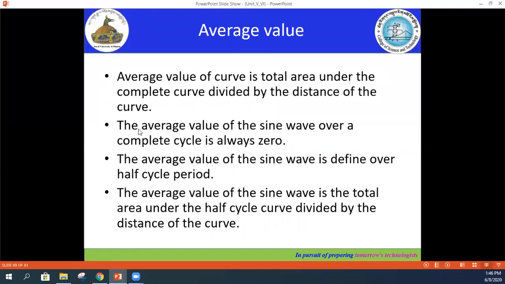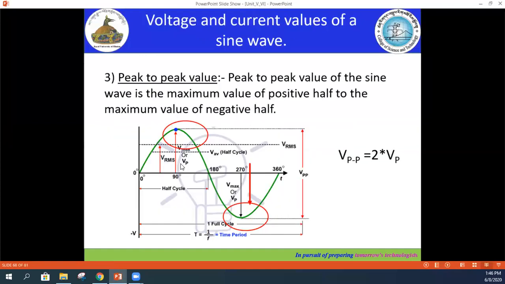If you take the complete cycle and try to find the average value, then you will get 0. See here, if you find the average value for this part and then add it to this part, you will have 0. The reason is here you have Vp minus Vp, which means the average value you will get is 0.